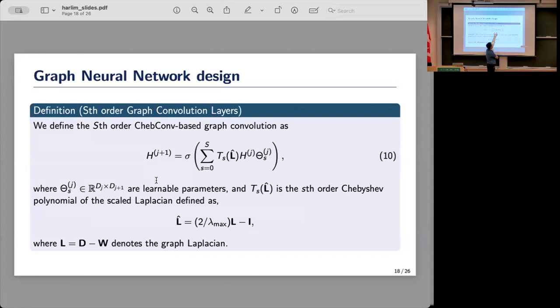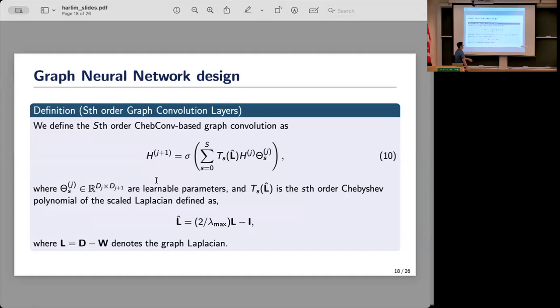The only thing is that this is the parameters of the neural network you want to learn, but these coefficients here are basically Chebyshev functions of a scaled Laplacian matrix. If it's a Chebyshev function of order S, and the scaled matrix is L hat, then this is S-order of that.